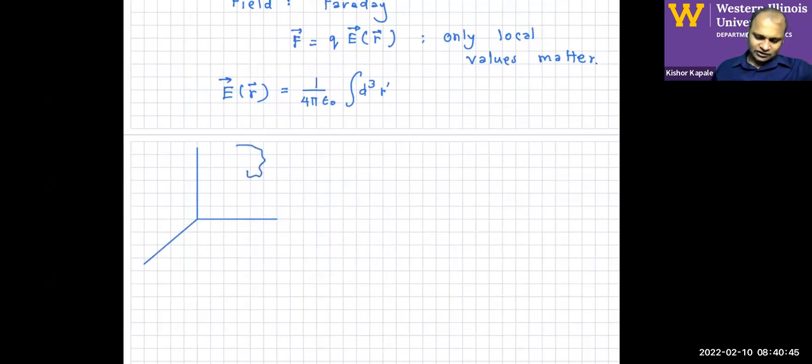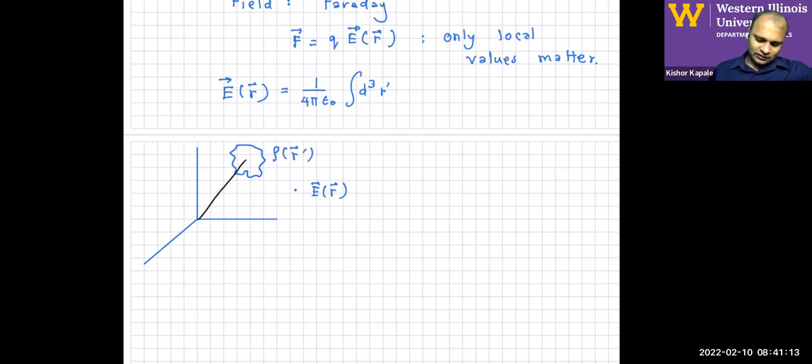We have some charge distribution, rho of r prime. And to be able to distinguish the source positions, which are r prime, from the point at which we are trying to find the electric field, let's call the sources r prime always, and the observation points r always. Okay, so that's going to be our notational choices here.